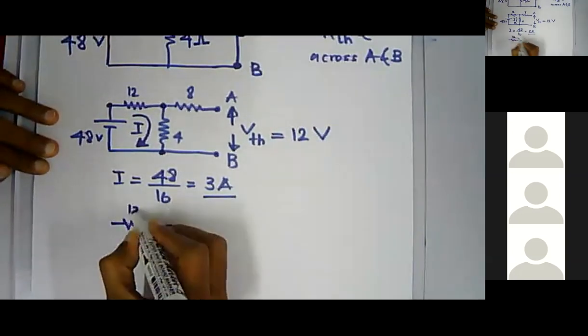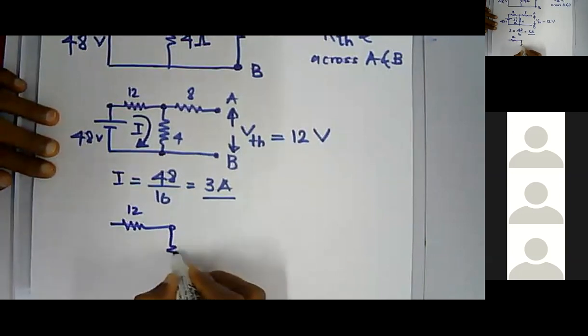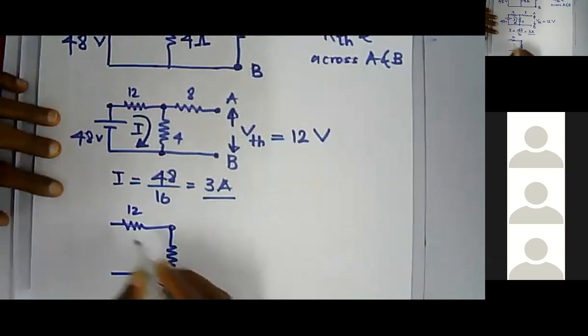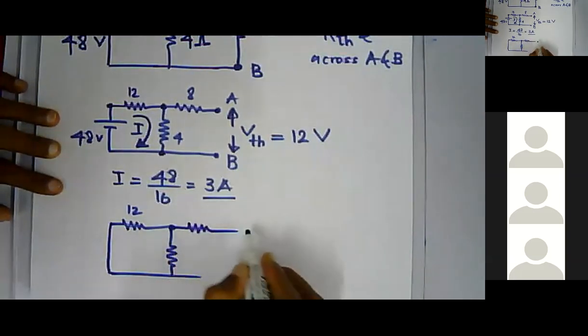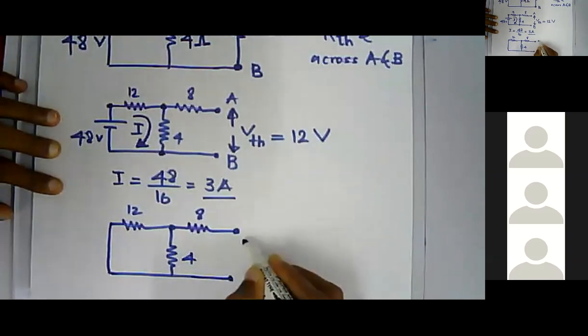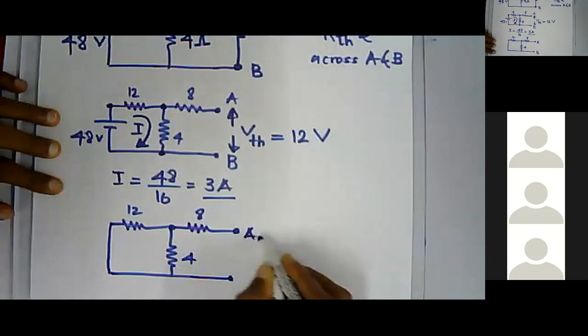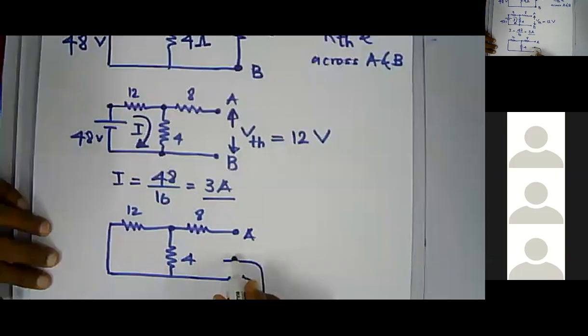This is your 12 ohm resistor, 4 ohm resistor, and this is short circuited here, 8 ohm, and this is your A and B. Your RTH is actually the resistance.